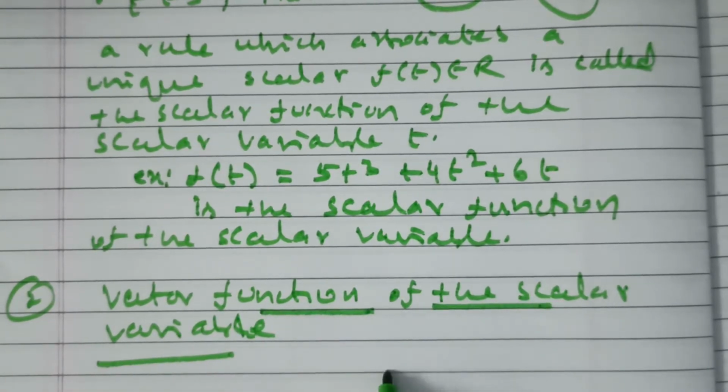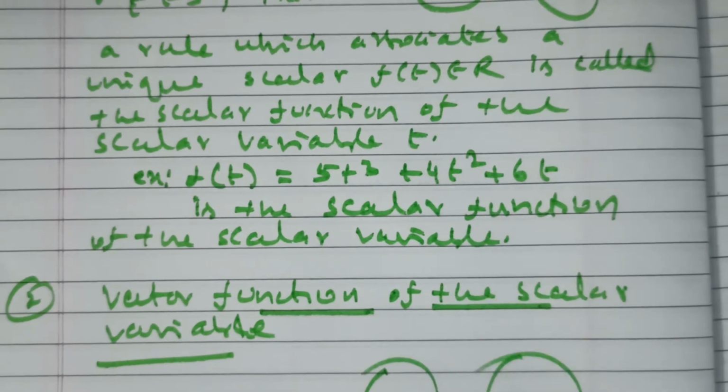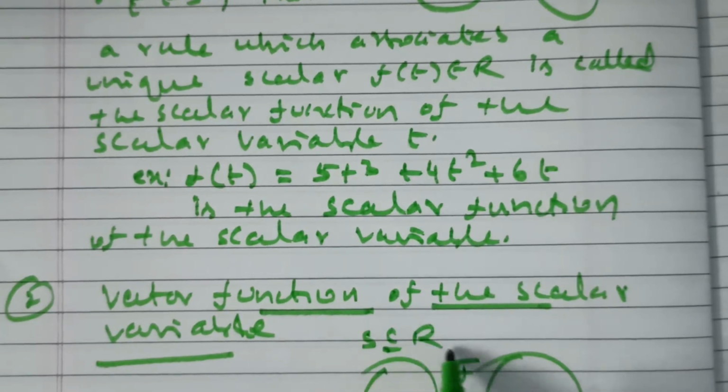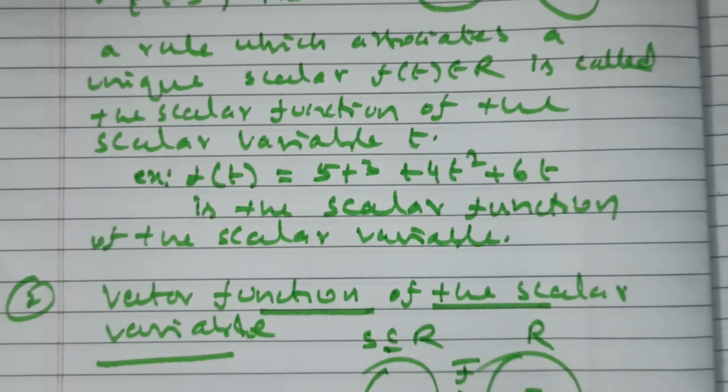So here are the two sets, in between them a function is now f bar. So these are the two sets. S is a subset of R, and this is R, this is t, and this is f bar of t.